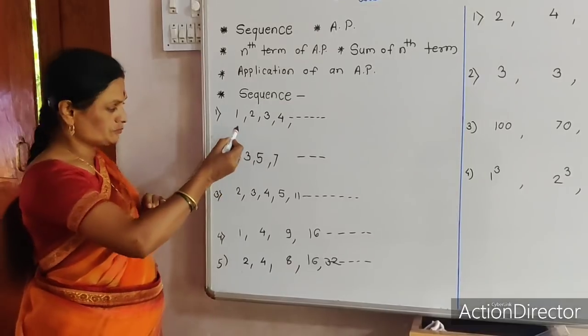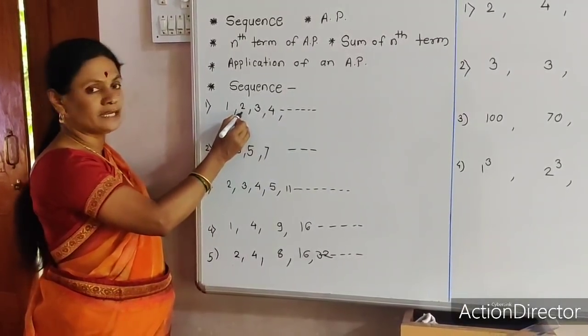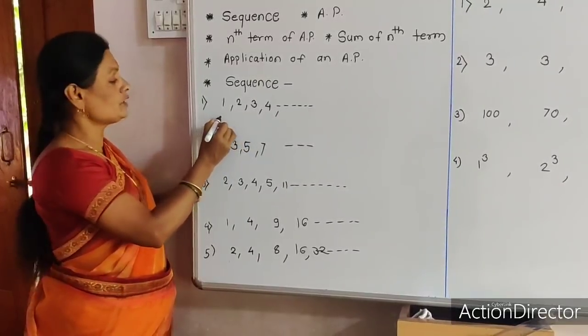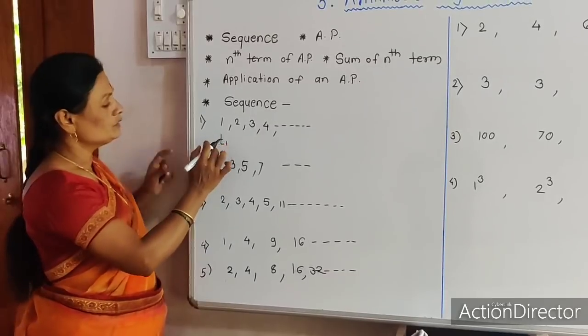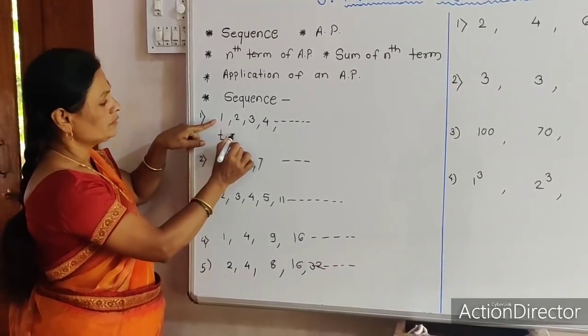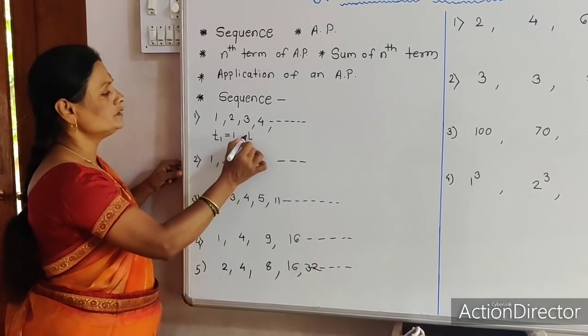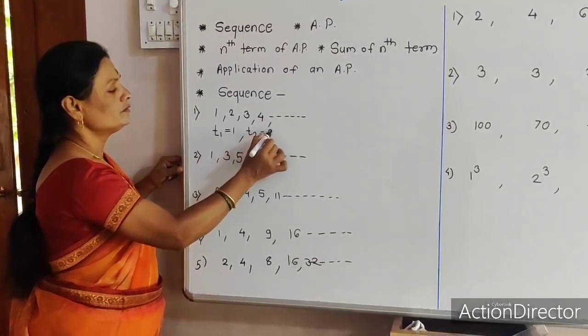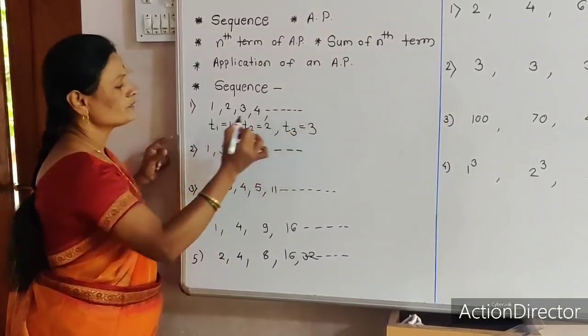Here in that sequence, 1 is the first term, 2 is the second term, and terms are denoted by T1. First term is T1. T1 is equal to 1, T2 is equal to 2, T3 is equal to 3.